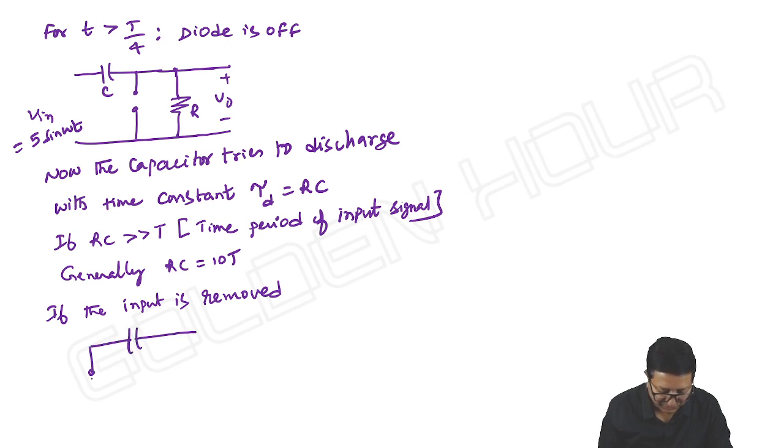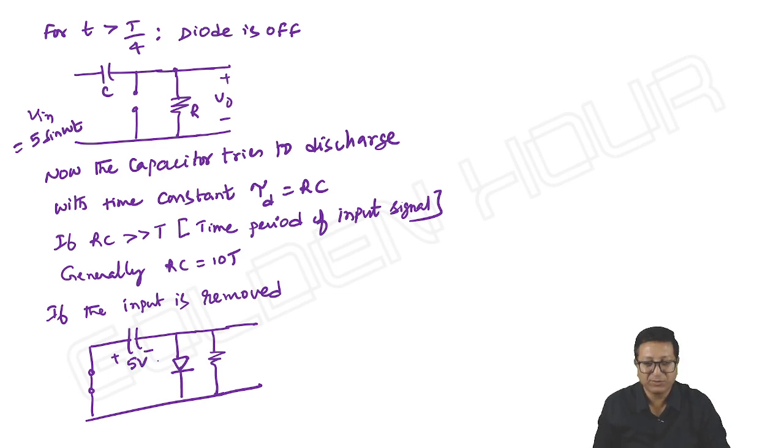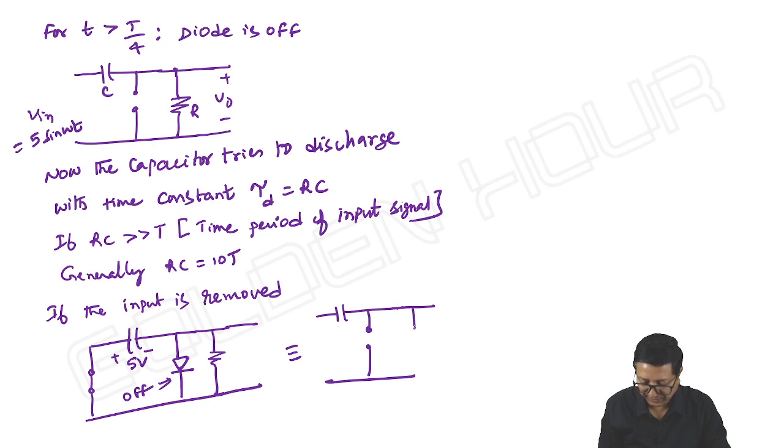Right here, the input is removed means it is a short circuit, and we have the diode like this and the resistor. And what about the voltage across the capacitor? 5 volts. Anyway, the diode is off. So what is its equivalent circuit? Here we can take the diode as open, and the resistor.